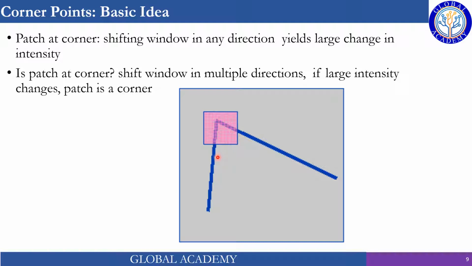So here is the basic idea of corner point detection. Say we have this image, just a corner at some angle, two lines intersecting at some point, and then we can select a window of say 10 by 10 or 11 by 11 pixels. By moving this window, we can compute the intensity levels within it. Then translate this window in any direction, like this one or this one.